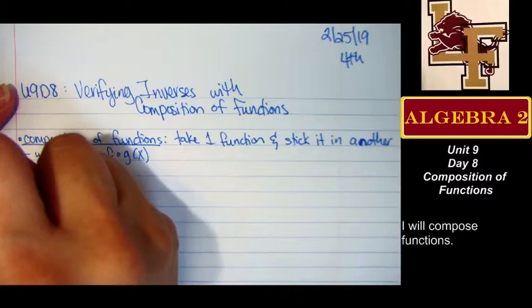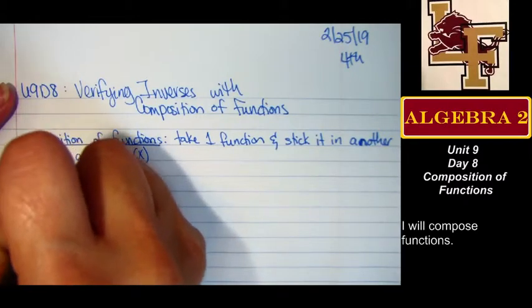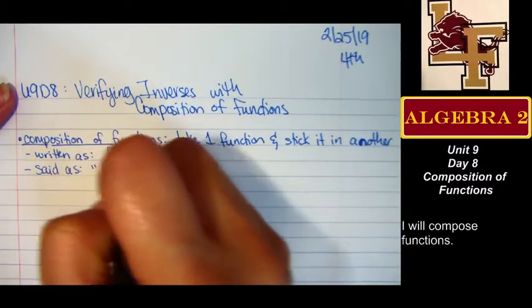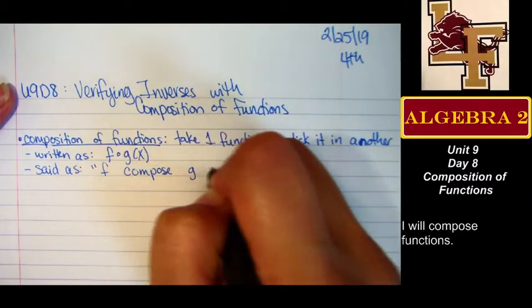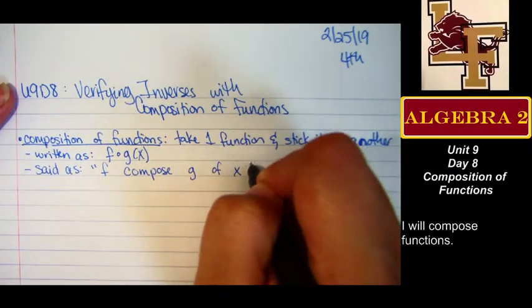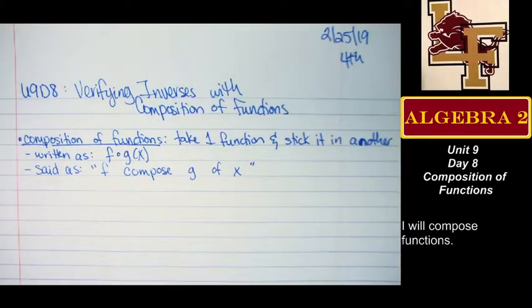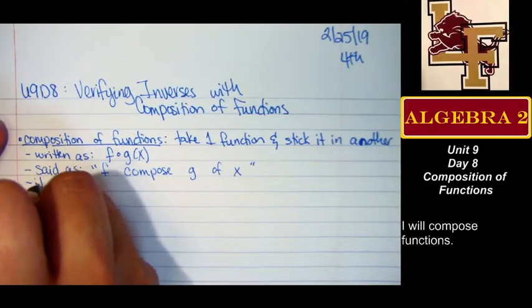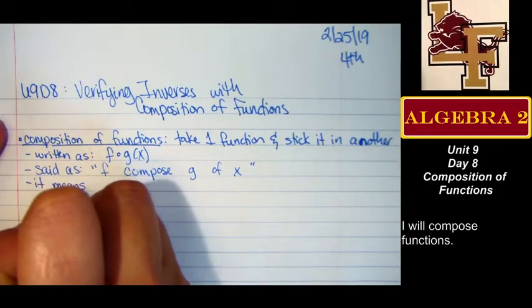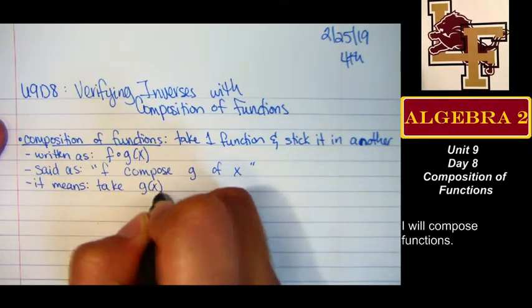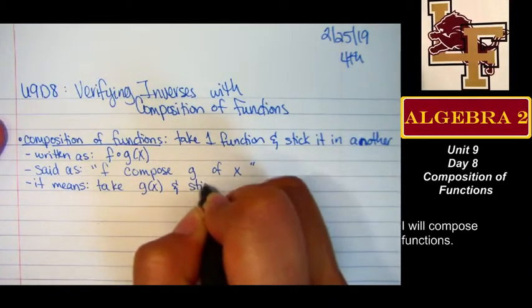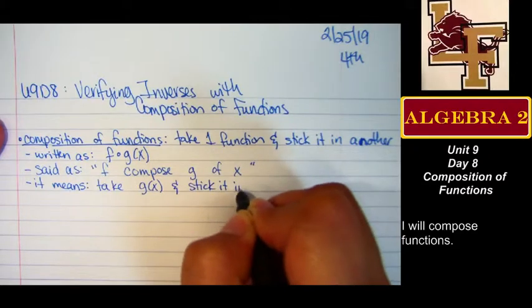So when we're looking at composition of functions, we say it as f compose g of x. That little circle is the word compose. And what this means is take g and stick it in f.